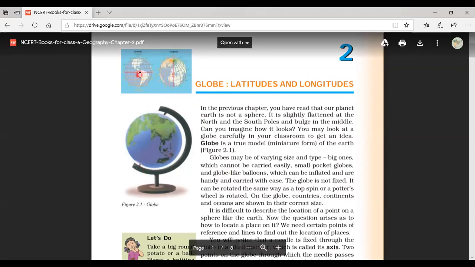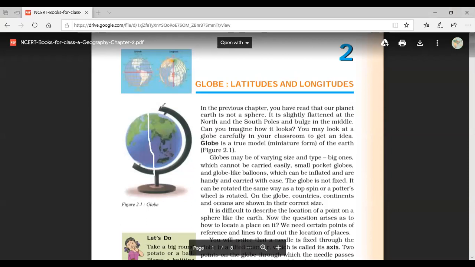There is an imaginary line which passes through the core of the Earth, and the Earth spins on it. This line is known as the axis. The axis is a vertical line which divides the Earth into two halves.